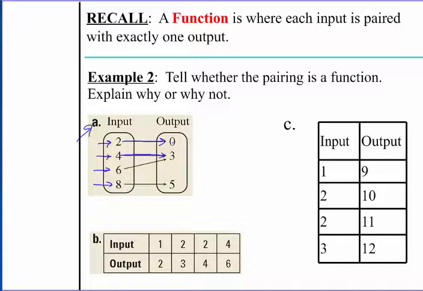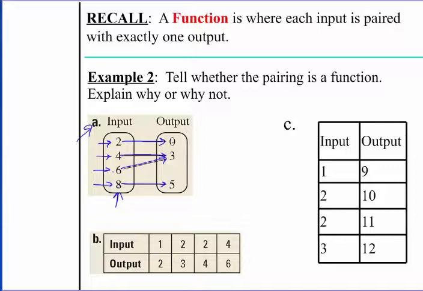The 6, so we're looking at the 6. The 6 only has one number associated with it. Okay, the 3 is associated with the 6. The 8 only has one number associated with it. So you're looking at your inputs. Each number in the input can only have one output associated with it.